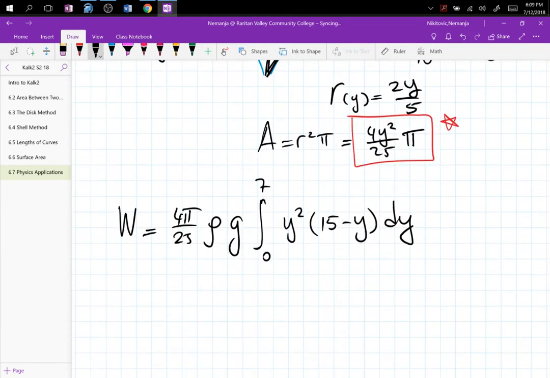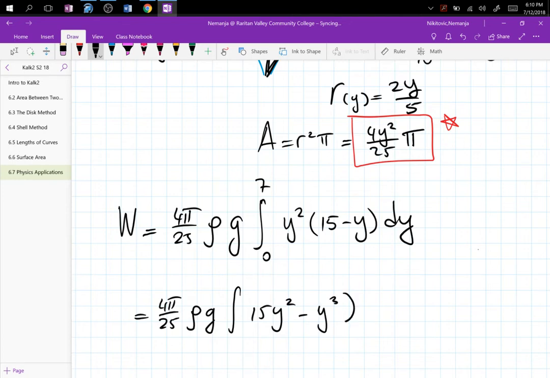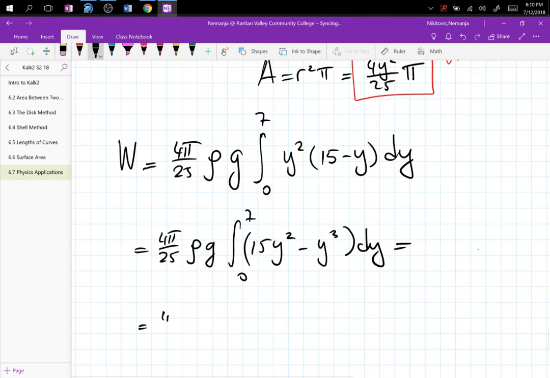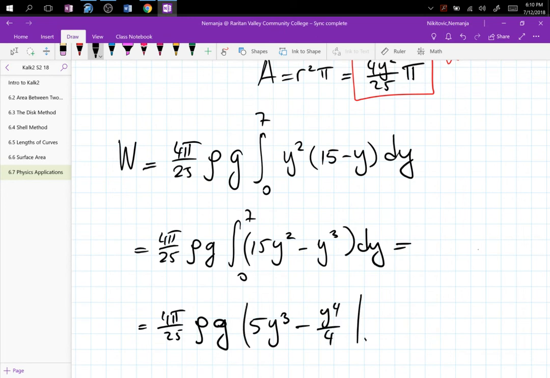All right, so let me just quickly run through this. This is the integral of 15y squared minus y cubed dy from 0 to 7, times 4 pi over 25 rho g, and now I have y cubed over 3, so that's 5y cubed minus y to the 4 over 4 from 0 to 7.